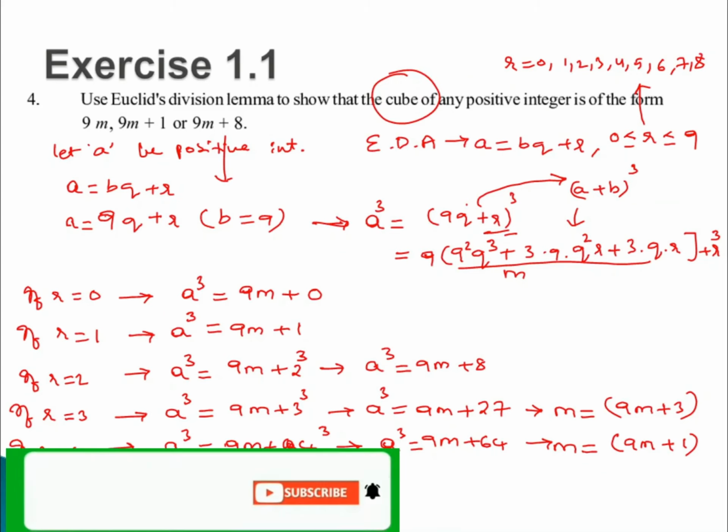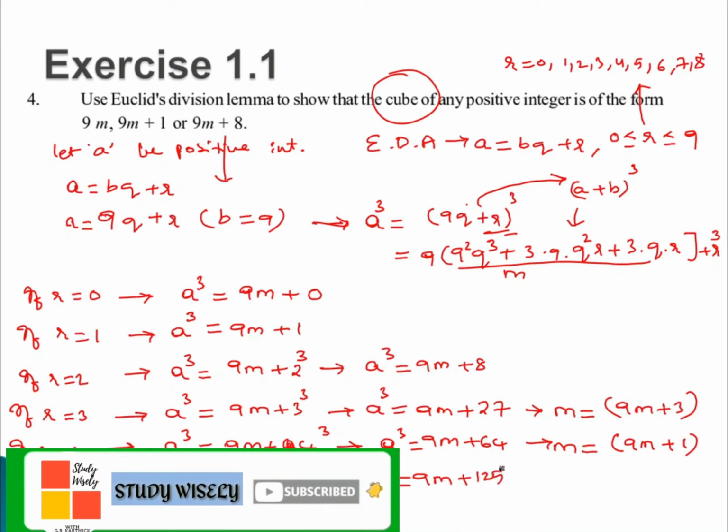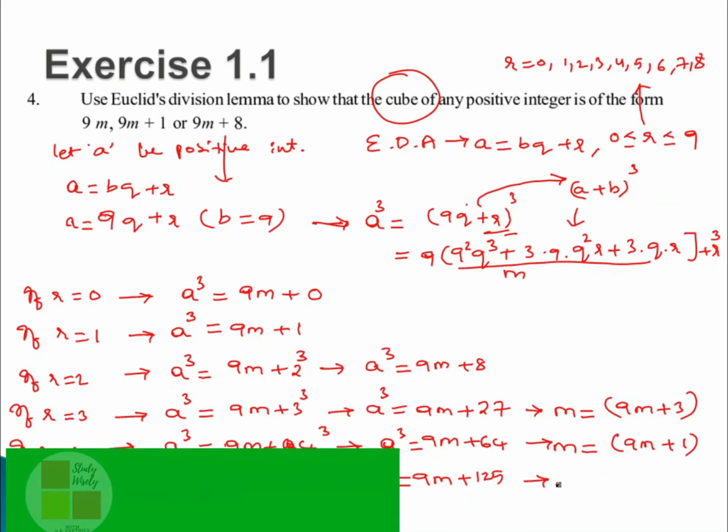That is, a cube equals 9m plus 125. So what happens to the value of m? The value of m needs to be 9m plus 8. This is repeating itself, isn't it? See here, this number is repeating. Eventually this number is repeating.